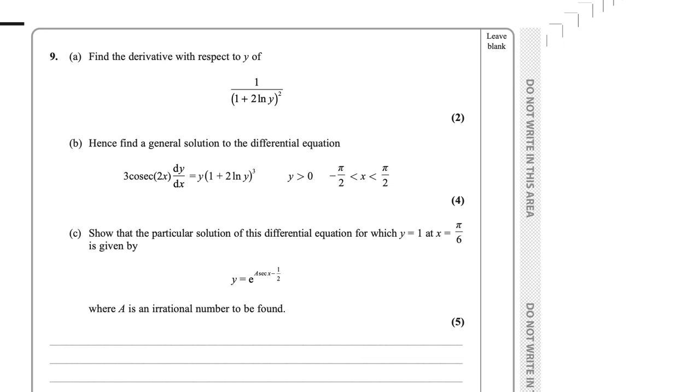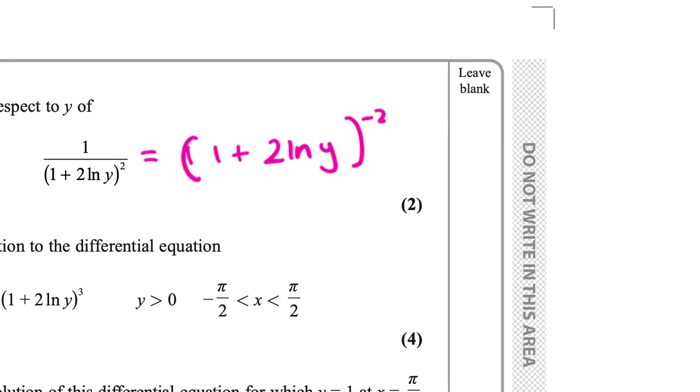Chain rule. Negative 2. So we know that this is the same as 1 plus 2 ln of y to the power of negative 2. How do we now differentiate this? Negative 2 bracket 1 plus 2 ln y to the power of negative 3. And we need to multiply by the differential of the bracket. What's the differential of 1? 0.